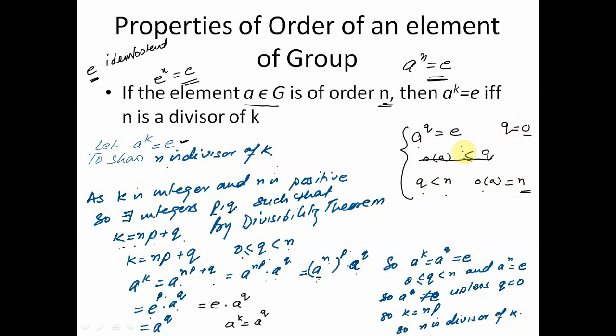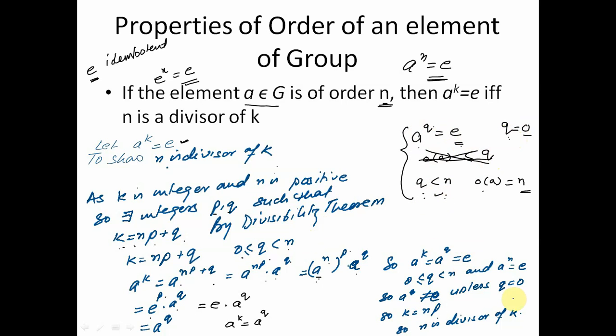Smallest positive integer. Now we do not consider this to be the order, and we simply say that if q is equal to 0, then all our problems are solved. q is less than n and a to the power 0 will be the identity element, obviously. And q can be 0 remainder. You can get a remainder of 0.